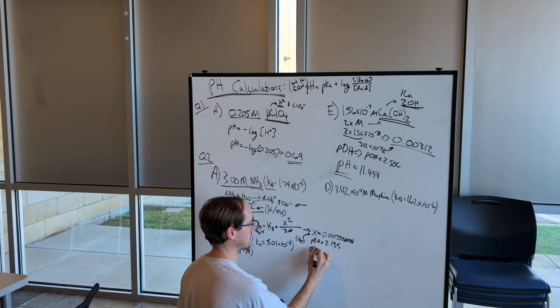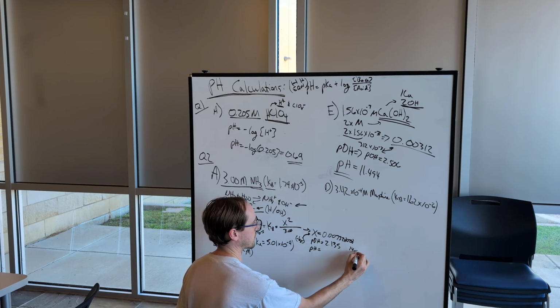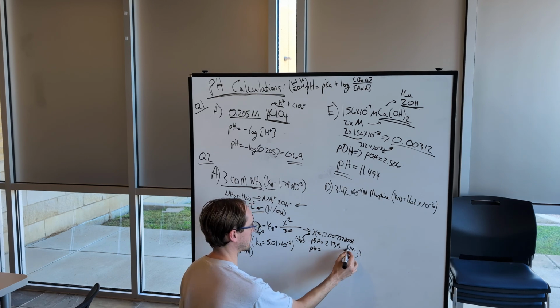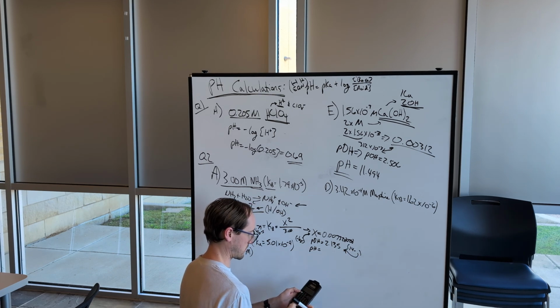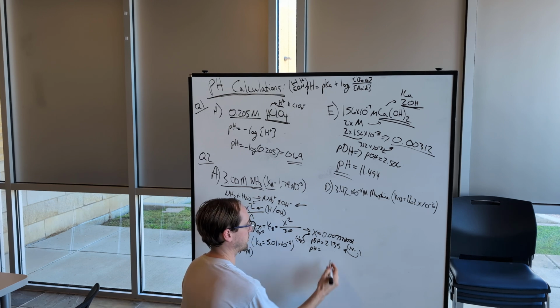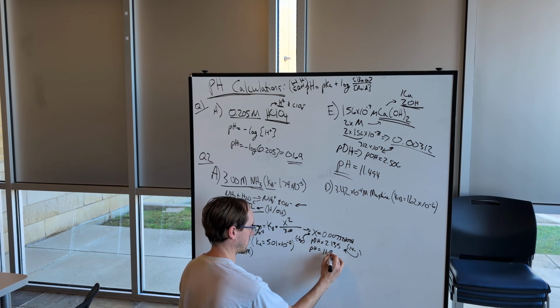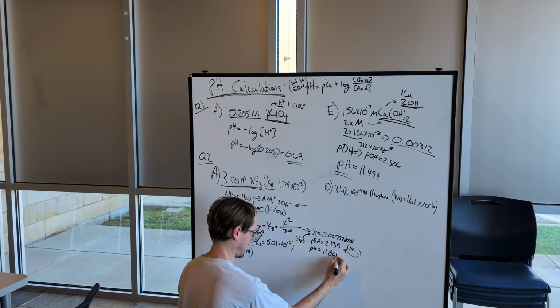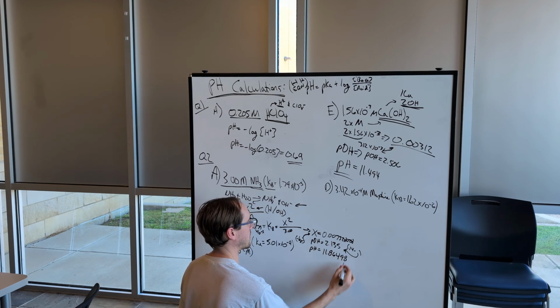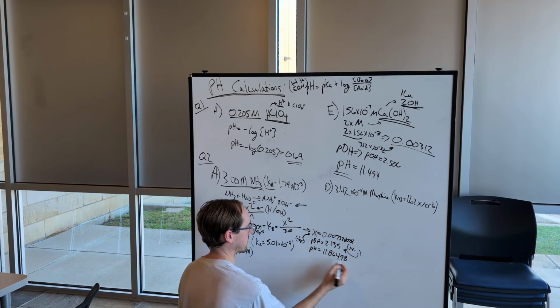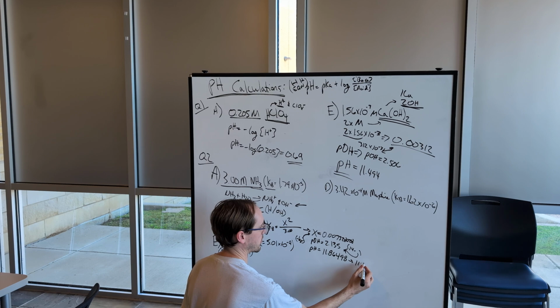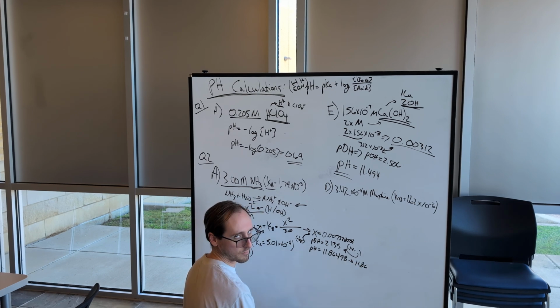So then our pH is literally just 14 minus that. So then we would get 11.86498. So basically 11.86, roughly.